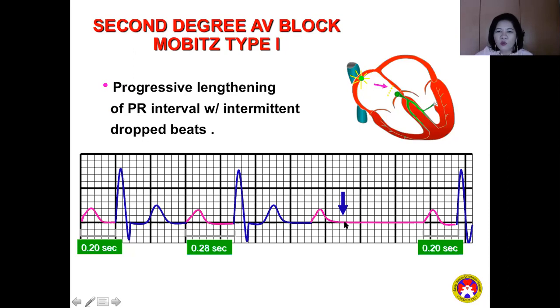An easier way to analyze your tracing is to look at the complex before the dropped QRS and get the PR interval. This PR interval is 0.28 seconds. If we compare this with this PR interval, which is just 0.20, this one is longer compared to the beat after the dropped beat. So this is Mobitz type 1 or Wenckebach.